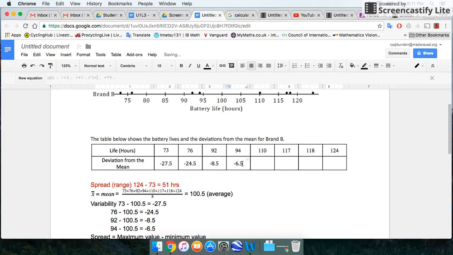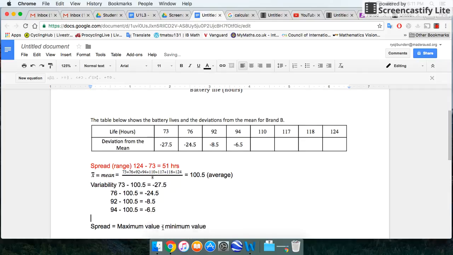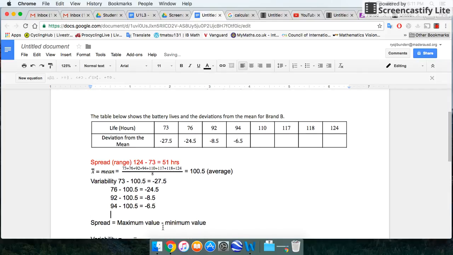So that means that this fourth battery lasted 6.5 hours below the mean. Okay, next one is 110 minus 100.5. So this one is positive 9.5. That means that this one lasted 9.5 hours above the mean.